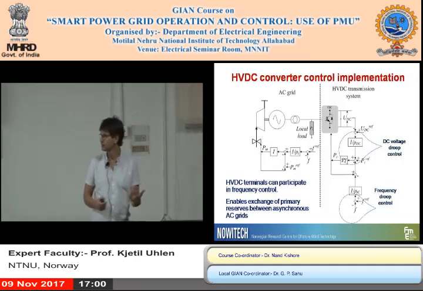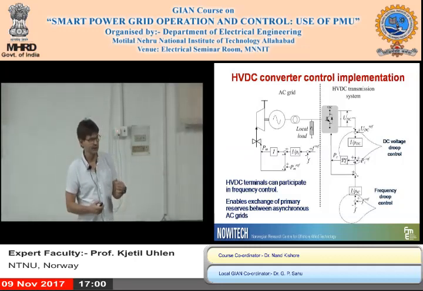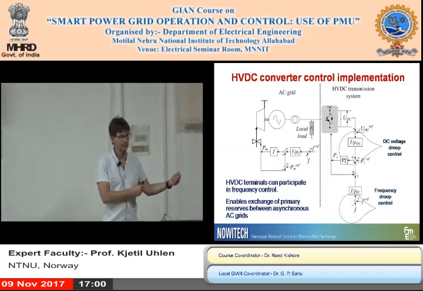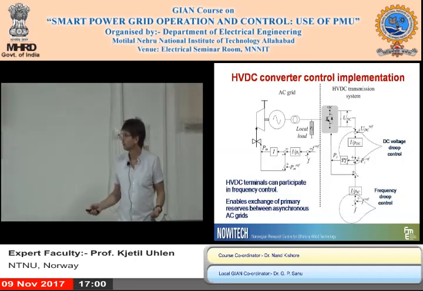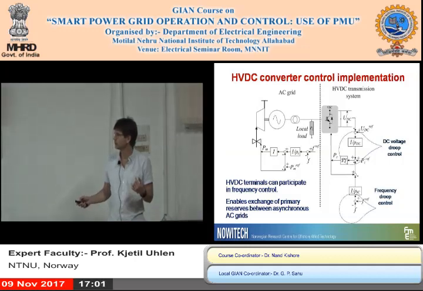So if you want the DC terminals to contribute to that, they have to sense the frequency on the AC side. And that they can do locally by sensing the frequency on the AC grid and adding that to the control. So if you add also a frequency droop setting, that will modulate or influence the actual set point of power. So it's a simple addition to the control based on the frequency deviation in that local grid.